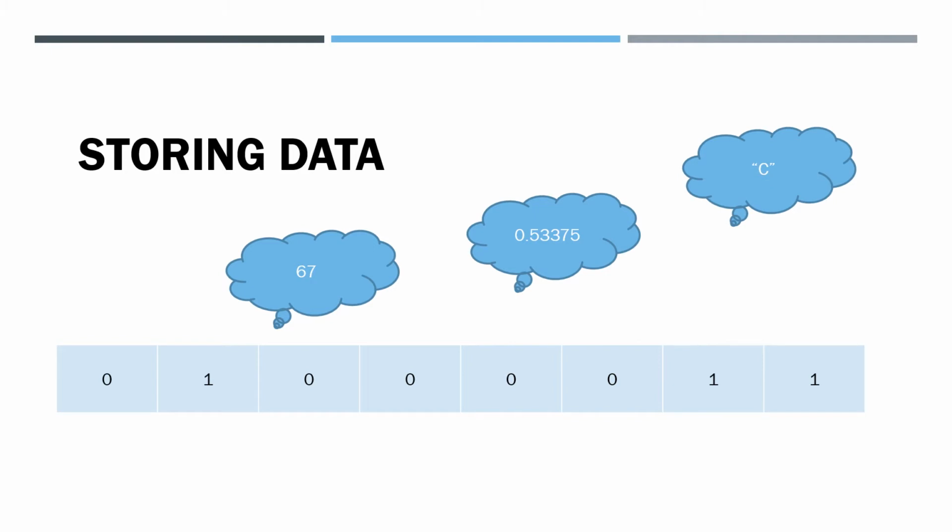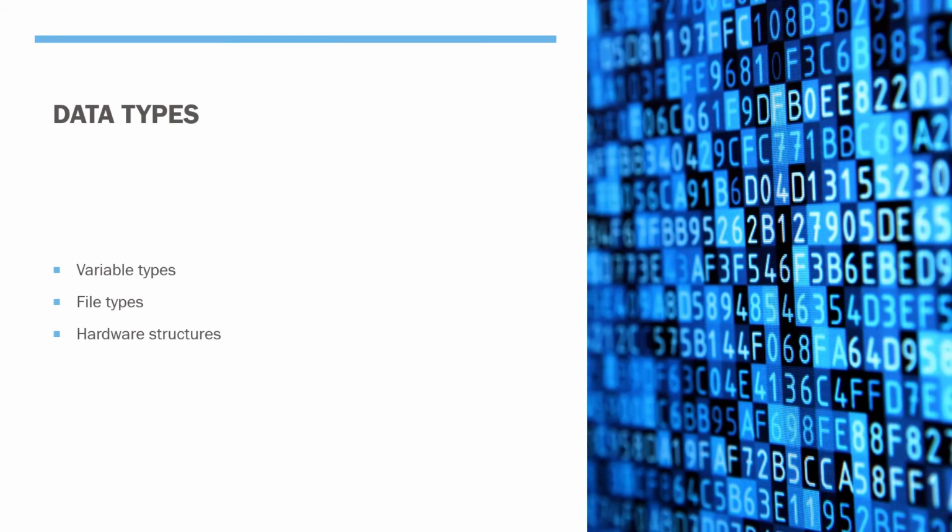So how does the computer know what this pattern of bits represents? The answer is that some other information that we have provided will tell the computer how to interpret the bits. For example, if we're writing a Python program, the data types of a variable represent the different ways of interpreting the bits.